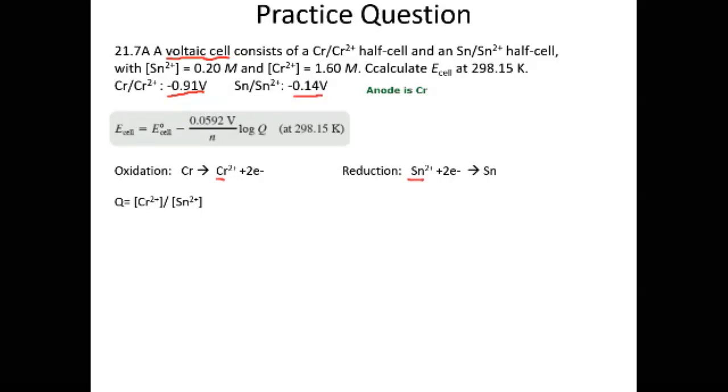Therefore, chromium has the more negative reduction potential, so it's going to be oxidized, tin is going to be reduced. And so Q is equal to the concentration of chromium divided by tin. And it's in a balanced equation, it's only 1 to 1. Plug in the concentrations, Q is 8. So this tells us we have a lot of product, very little reactant.